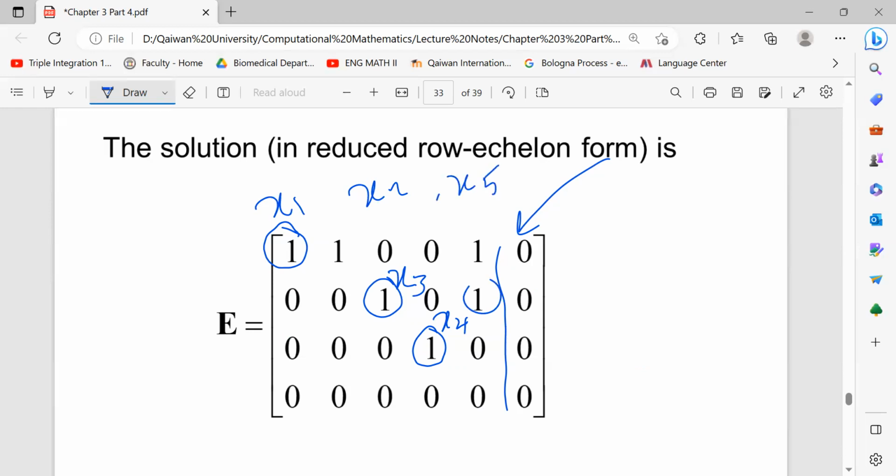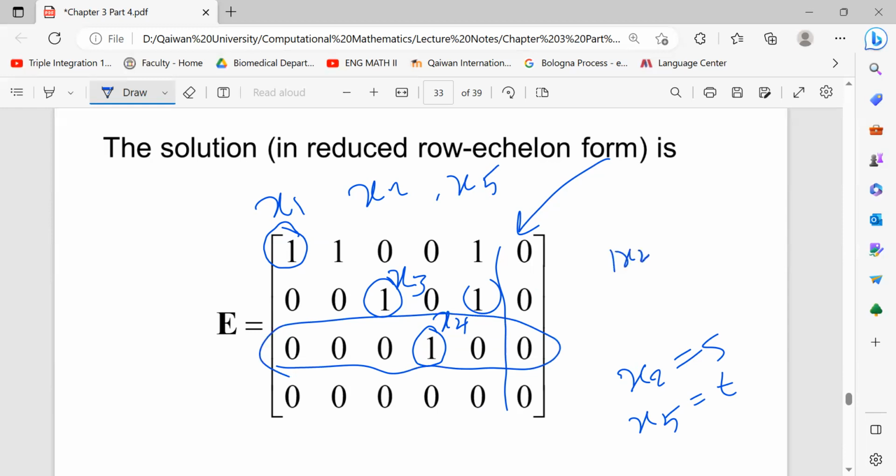We name each of them. Let's name x2 to be s, x5 to be t. Okay? Now, let's first write down these equations. From this row, we get 1x4 equals the right-hand side, which is 0.